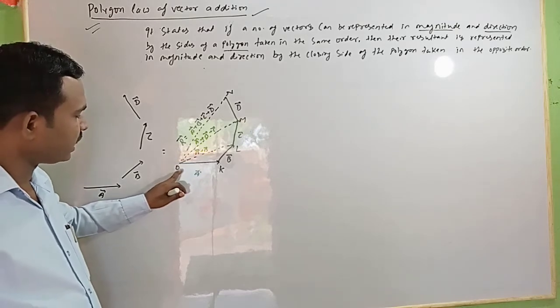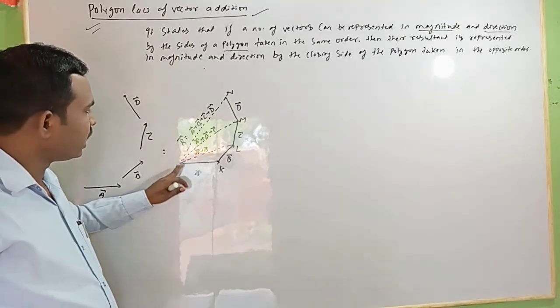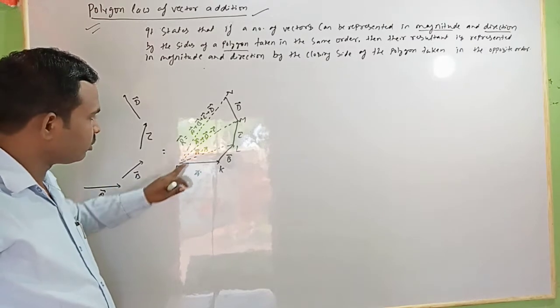So you can take the triangles. If you see the triangles, you can prove this by using the triangles one by one.